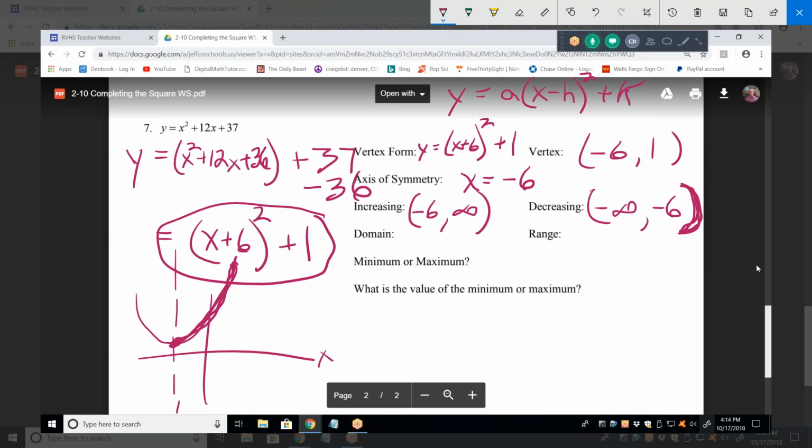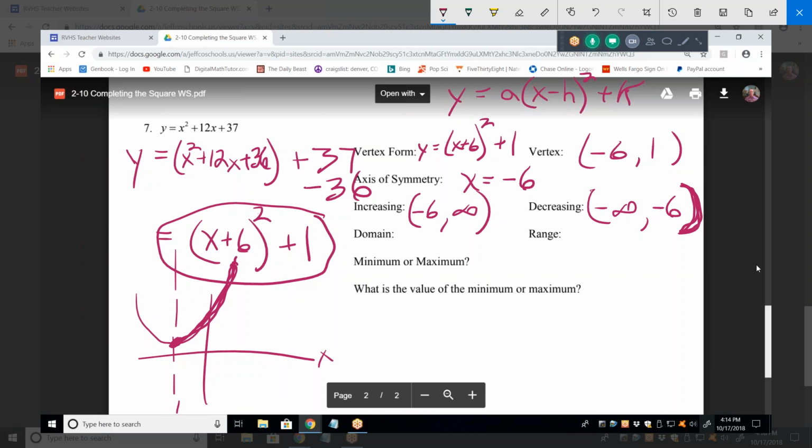It's a little different than range. When we're talking about range, it is true that y can be 1. But when x is minus 6, the function is neither decreasing nor increasing. The tangent line to that point would have a slope of 0.